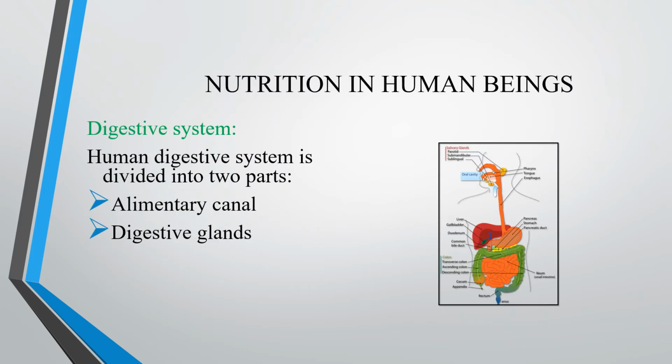Nutrition in human beings. In this diagram you can see the digestive system of human. Here mainly two parts are there. One is the alimentary canal, second one is the digestive glands. See the diagram, mouth. There are three pairs of salivary glands shown: sublingual, parotid and mandibular.